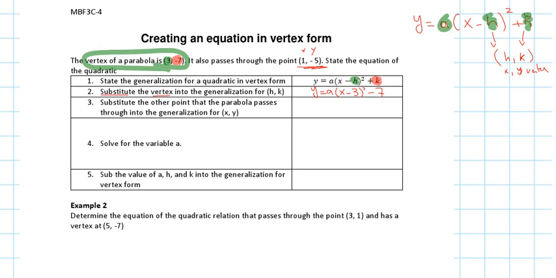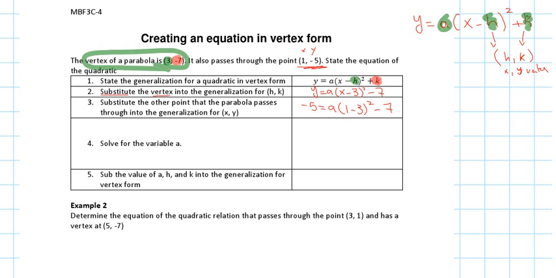So what I do is replace the x with a 1 and the y with a negative 5. And as you can see, the only variable I have left is a. So now I have to isolate for a, right? So do BADMAS as much as I can, and then isolate for a, so I can solve for it.